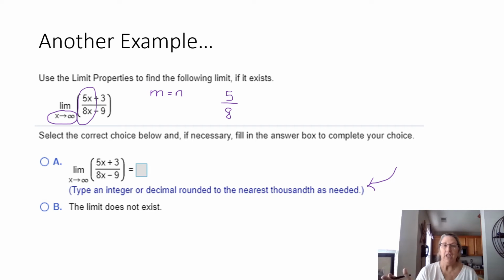So I'll be the first to say I would have jumped with 5 over 8 and plugged it in. But if I say 5 divided by 8, that'll give me 0.625. And that will give me the correct answer in the answer box. So make sure that you always pay attention to how it asks you to write the answer.